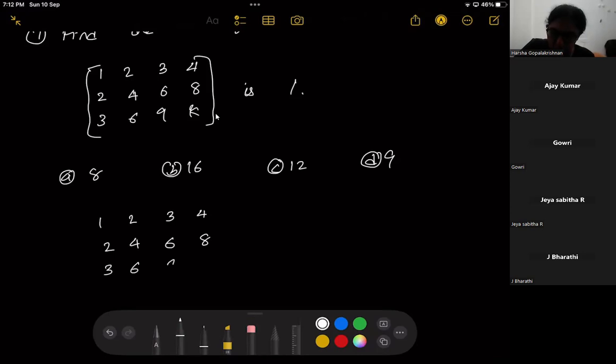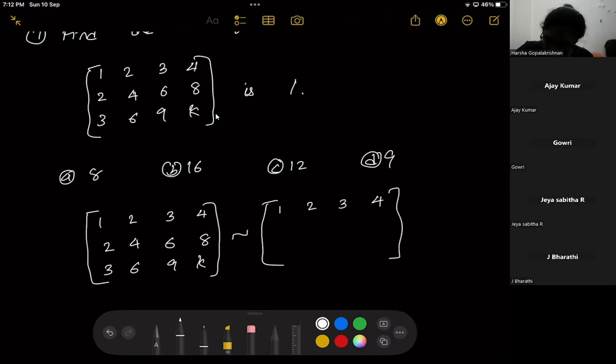So what I will do for this matrix is, I will do the elementary operations. So R2 changes to R2 minus 2 times R1, and R3 changes to R3 minus 3 times R1. Why I am doing this is, I need to keep the 1 here and try to make all other entries 0.